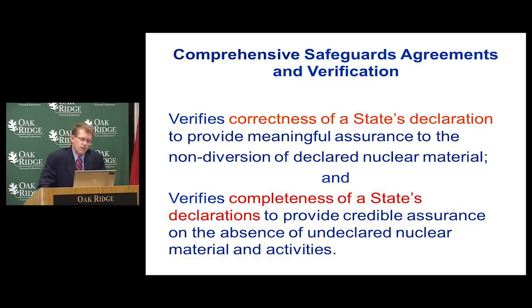This is the basis for which the IAEA verifies that the declarations provided by a state are complete, such that they can then provide assurance to the rest of the world that there is no diversion of any declared materials taking place within that country.